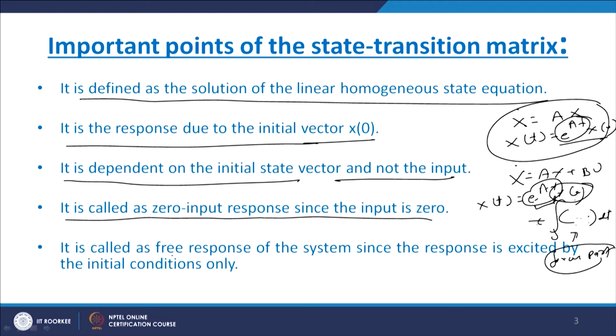It is called the free response of the system, since the response is excited by the initial condition only. That is, due to initial conditions the state has been transferred, and that is called the state transition matrix.